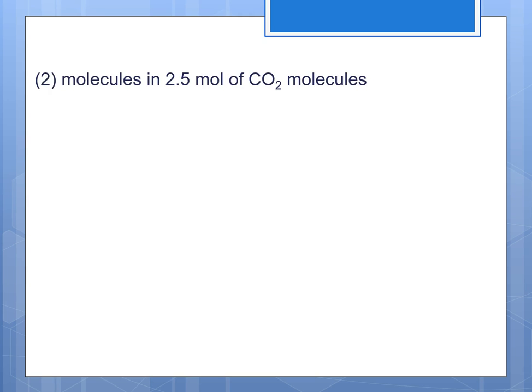We're asked to calculate the number of molecules in 2.5 mole of CO2. Again, it's asking me to calculate molecules, and I've been told I have a number of mole of molecules.